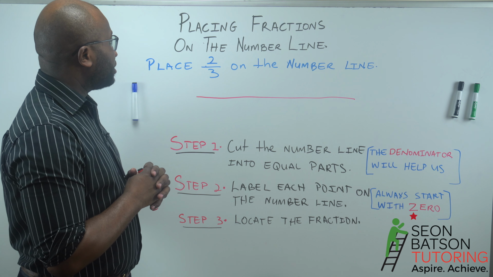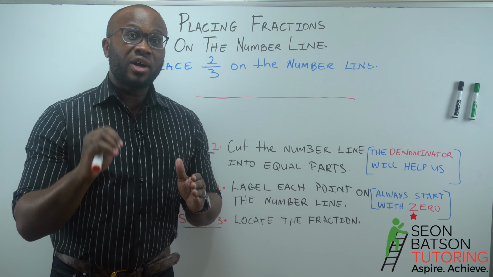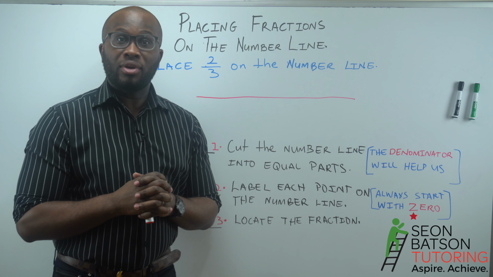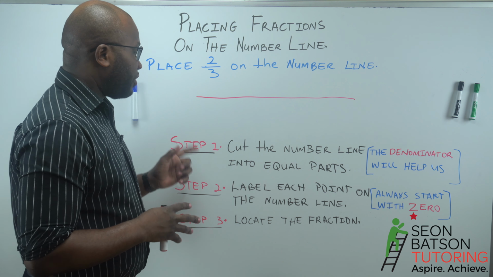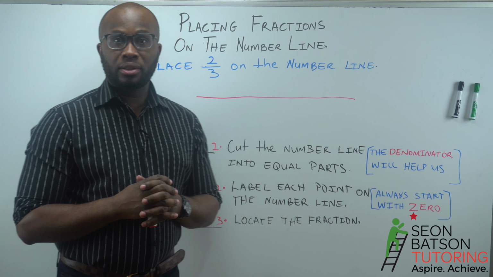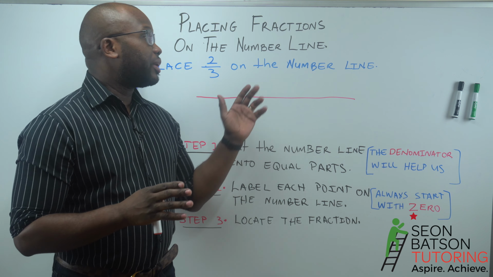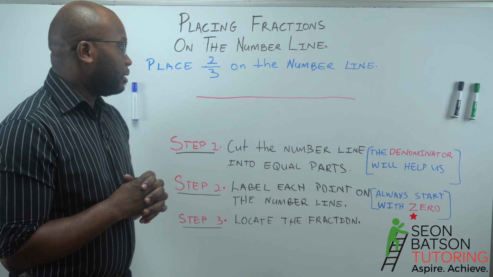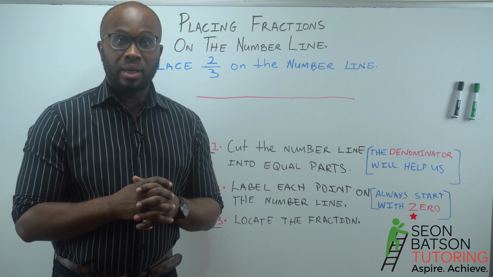When placing fractions on the number line, we will use three very simple steps to help us master the concept. Now, first step. The very first step will be to cut the number line into equal parts. Now, the denominator of the fraction that we are placing on the number line will help us determine how many equal parts should be on the number line.